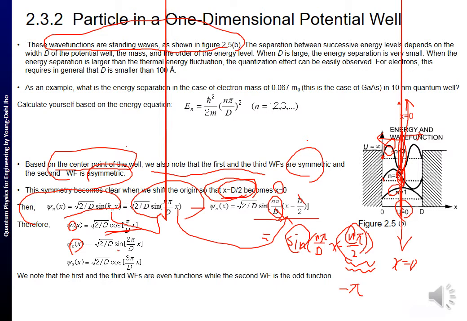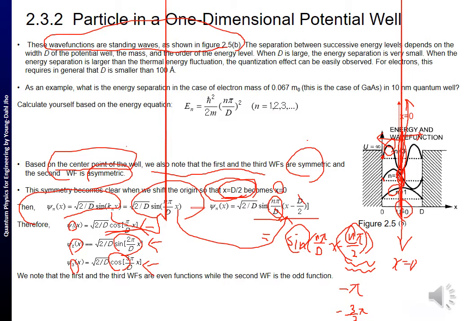Then we have the same sine function. When n is 3, we have an additional phase of minus 3 halves pi. Then we change this into a cosine function again. Okay. So we see cosine, then sine, and cosine.